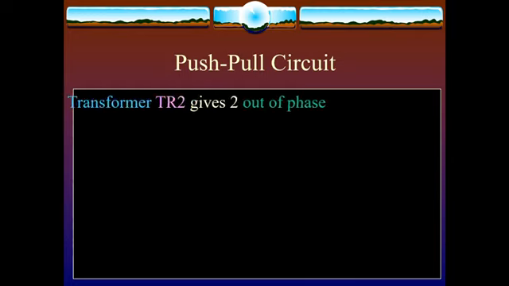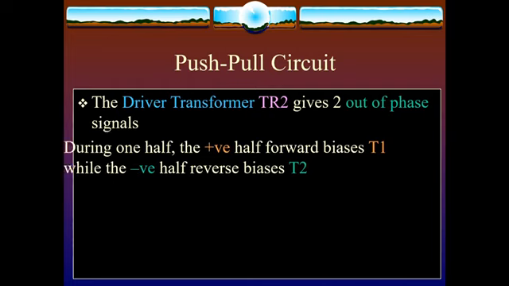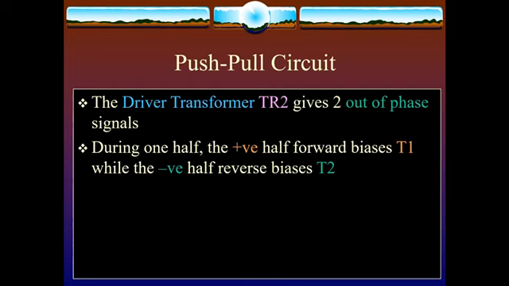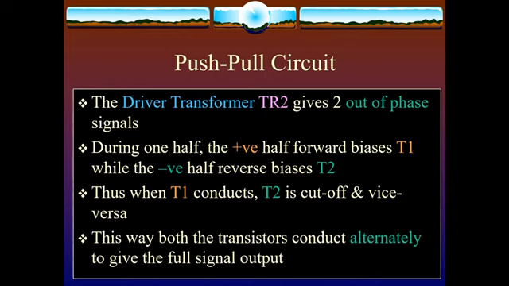So this is how the push-pull amplifier works, and it conducts for both half cycles. The driver transformer gives two out-of-phase signals, and during the positive half of the signal, transistor T1 will be conducting, as it is forward biased, while the negative half produces a reverse bias to transistor T2. Thus, when T1 conducts, T2 is cut off, and vice versa. This way, both the transistors will be conducting alternately to give a full swing of output.